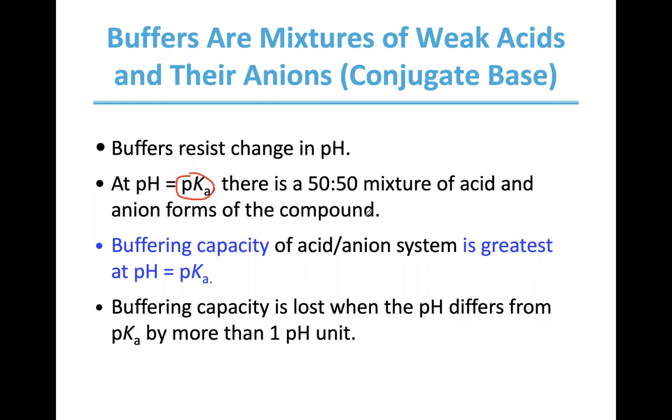So for example, if you have acetic acid, which dissociates into acetate and proton, you will reach the 50-50 mixture of this if you place this in a solution in which the pKa equals the pH. Okay, let's look at this.